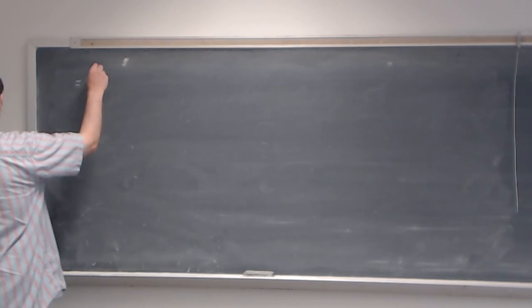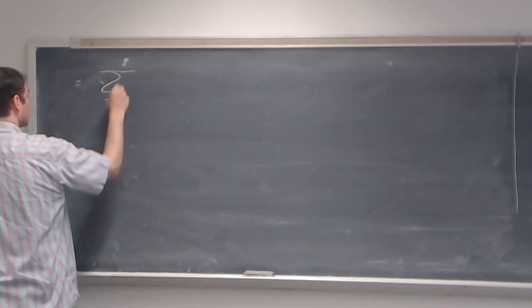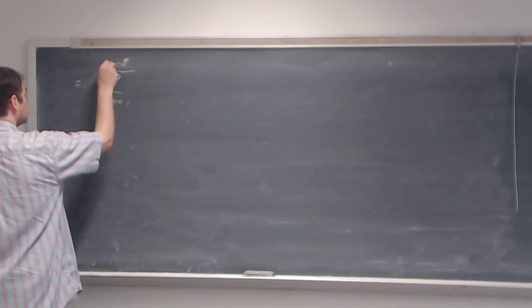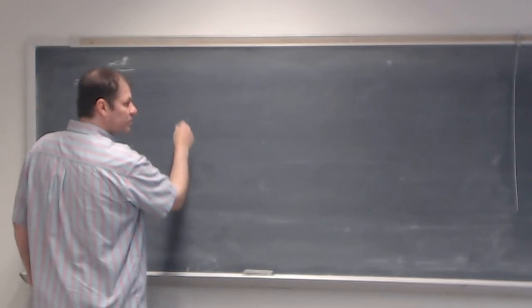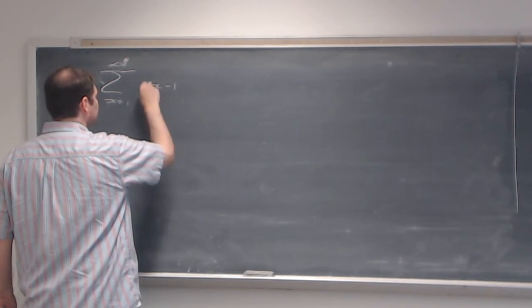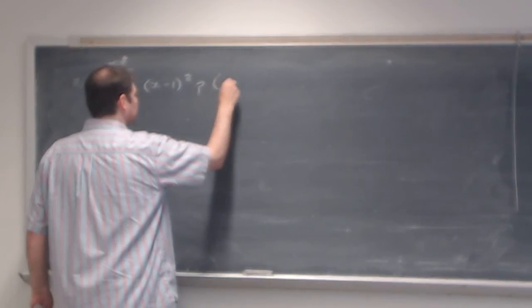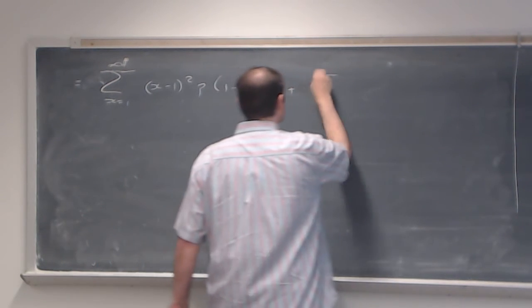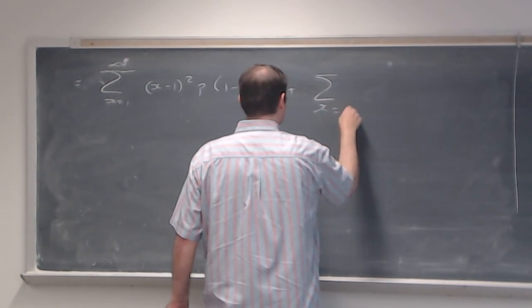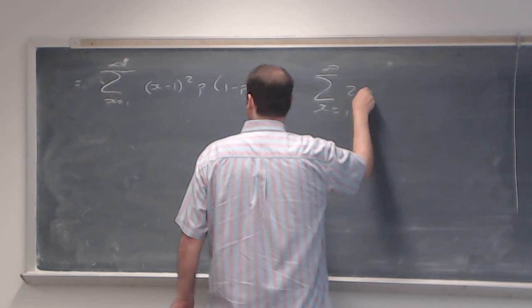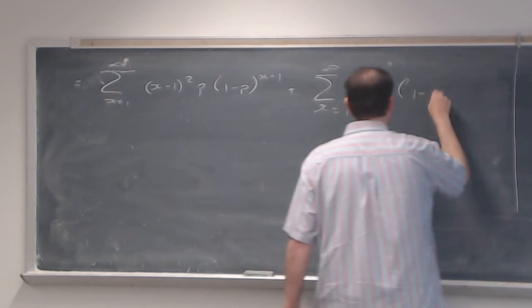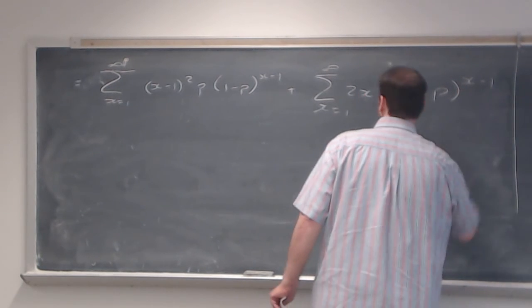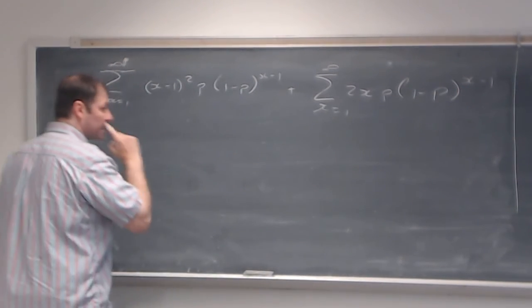Okay, let's break that up into 3 sums. That's the sum as x runs from 1 to infinity. The first one is x minus 1 squared times p times 1 minus p to the x minus 1, plus the next sum, x runs from 1 to infinity of 2 times x minus 1 times p times 1 minus p to the x minus 1.